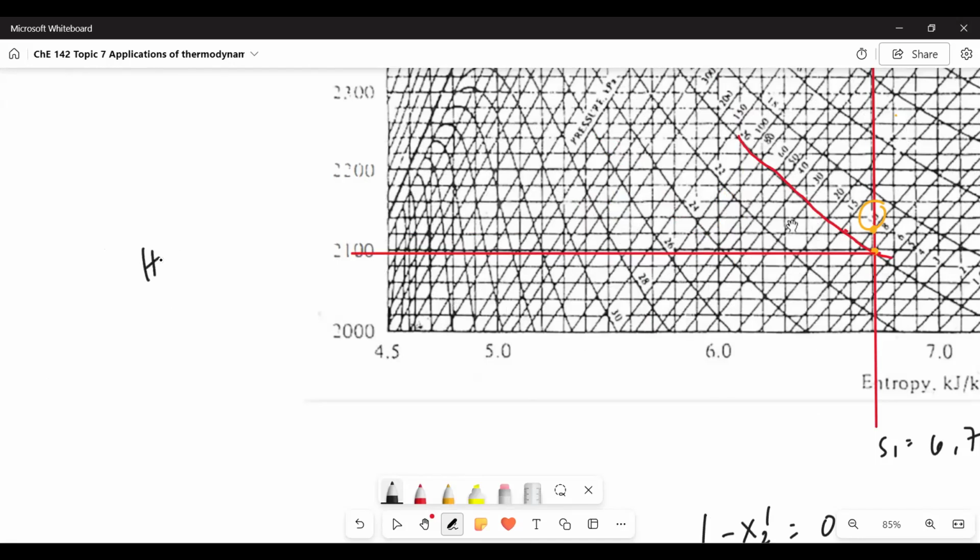H2 prime is below 2, 1, so we can estimate the value to be 2, 1. So in letter A, H2 prime is 2117. So this is a difference of 17.